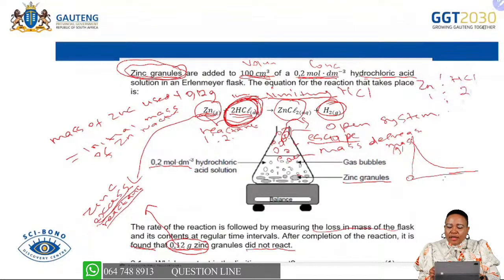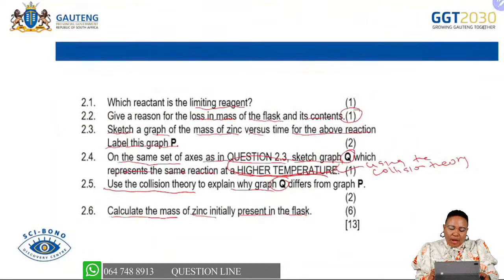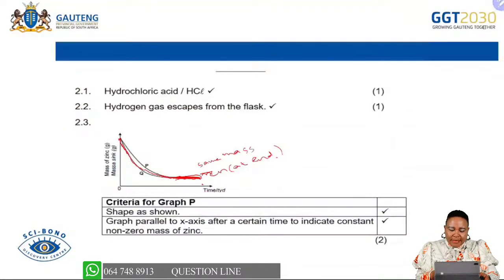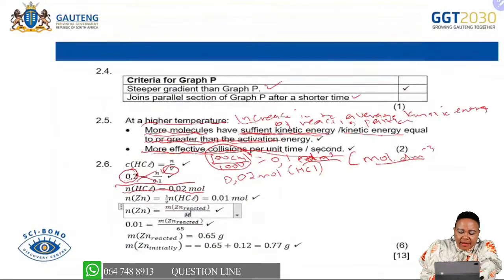Therefore, if this one is 0.02, then this one is going to be X. So we're going to find, which means it's going to be 0.02 divided by 2 because it's the half. So that is why here we are saying the number of moles of hydrochloric acid, we have them so that we can find the number of moles of what? Of zinc, which is going to be 0.01 as you are using your calculator.